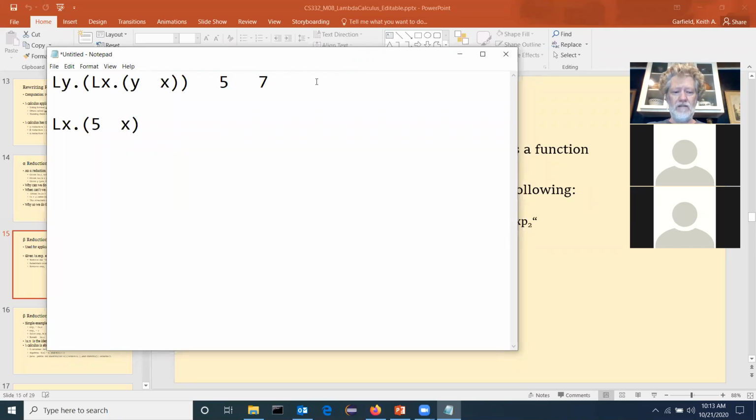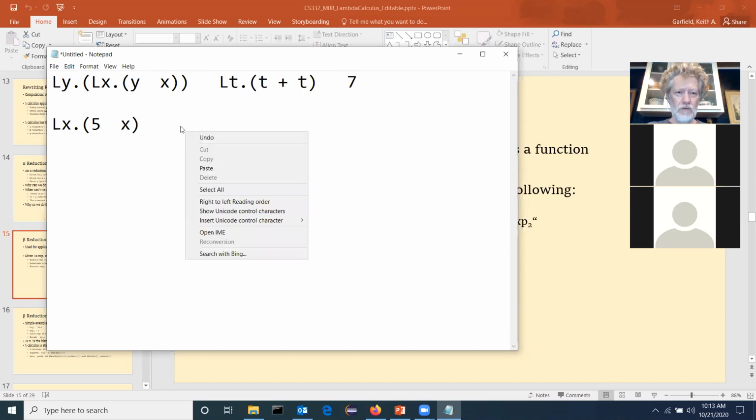But now it's not 5, it's something else. So what do I do? Replace it mindlessly. Exactly. Replace it mindlessly, right? So it doesn't matter how complicated that thing is.